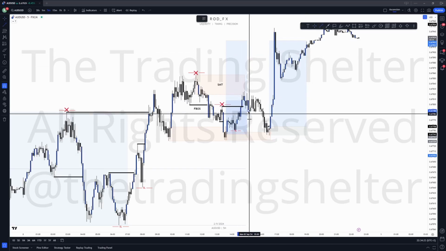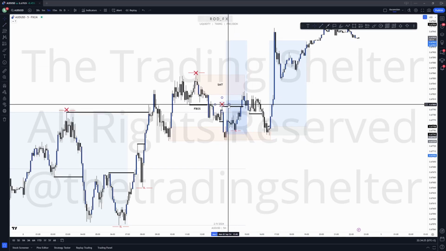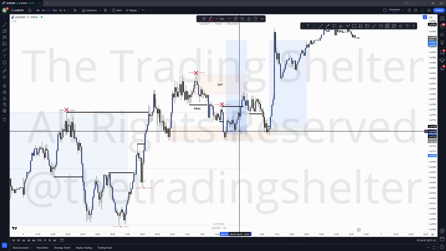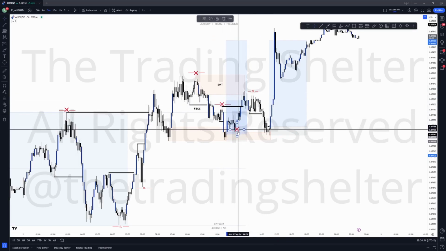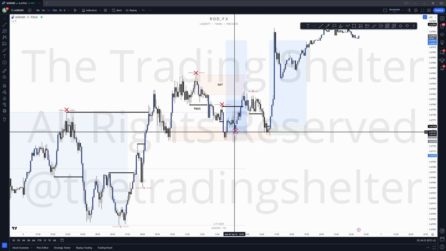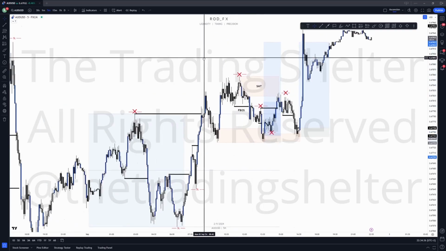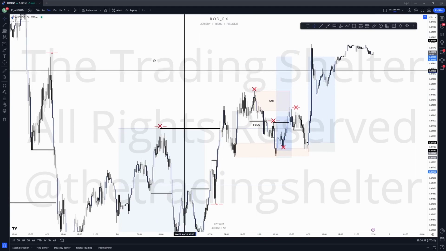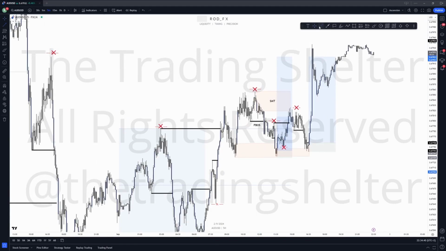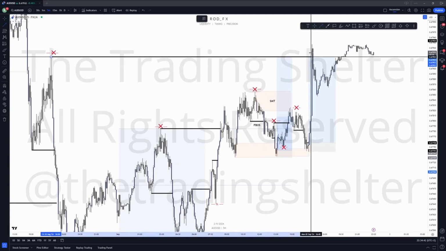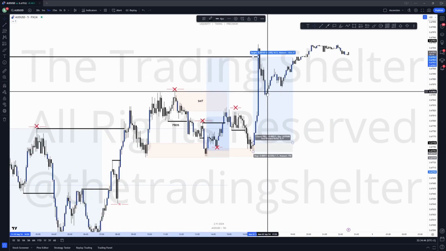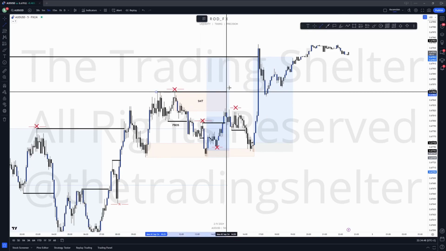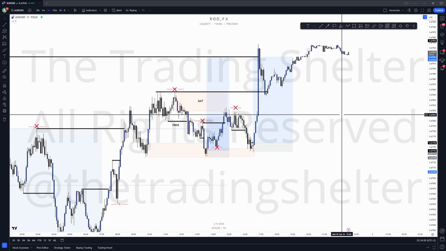Again, we built new liquidity below here, and look how perfectly price came back and took all of this liquidity and went perfectly. You take this one, and now there is no more liquidity. And look at the reaction of it. Look how they came back perfectly here.